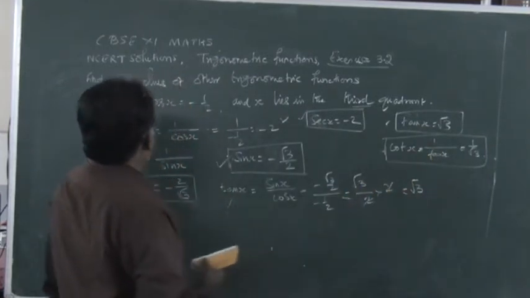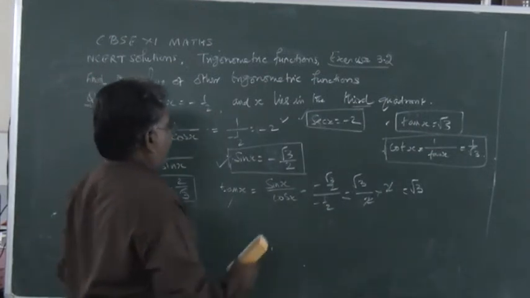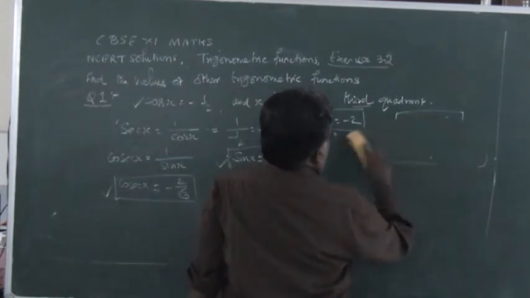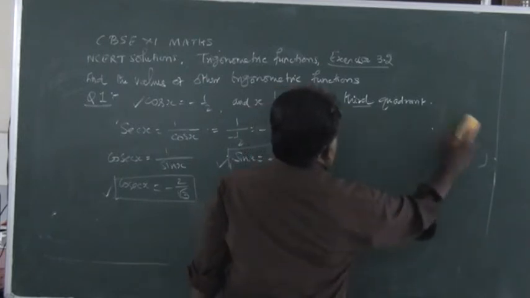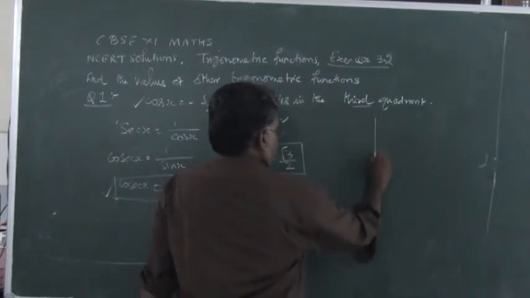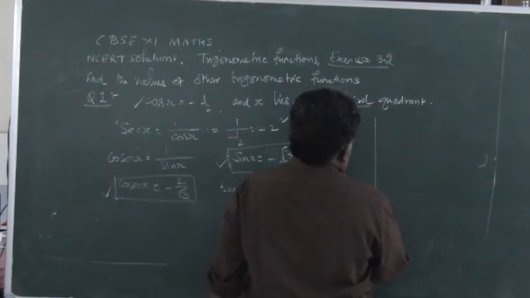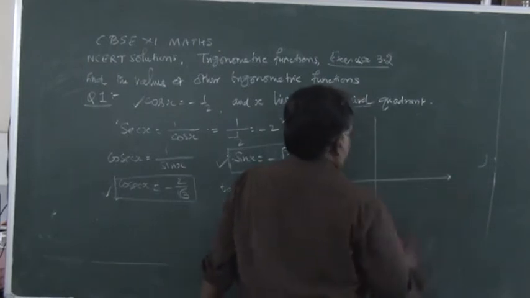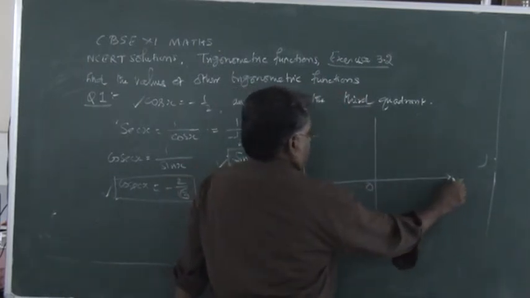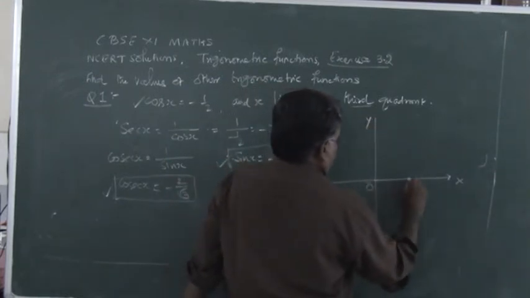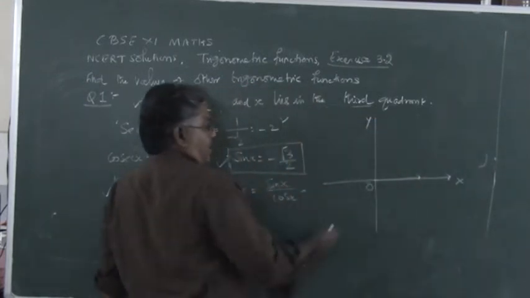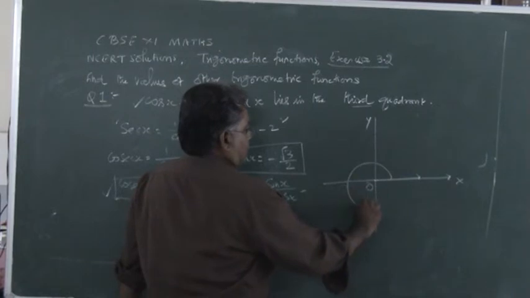Now let's just see if cos x is minus half and it is in the third quadrant, how the diagram will be. Let's say it is like this. X-axis, y-axis. This is the initial side. Let's say it revolves and comes here.